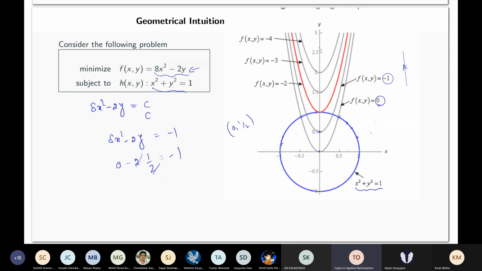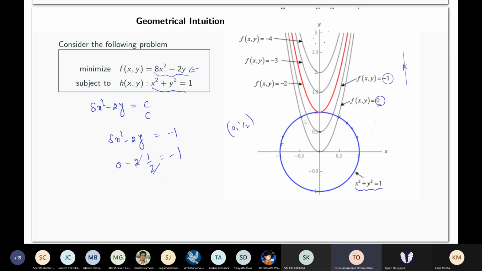So the more we go this way, the function value is decreasing, which is what we want. But the problem is that in this region the circle is not there. So although the function value is minimum there, we are not allowed to choose those. We have to restrict our attention to only the circle part.